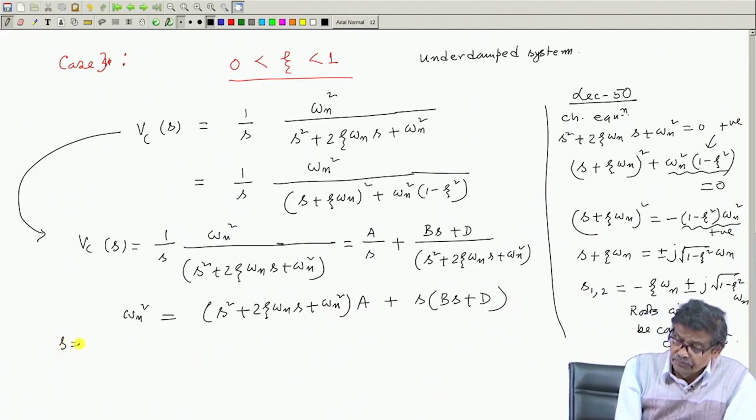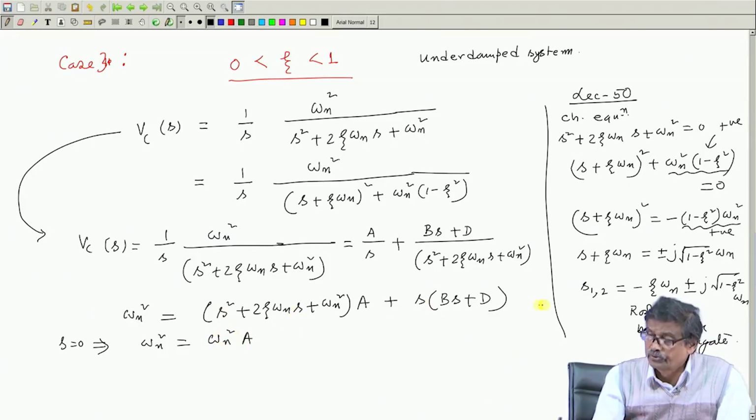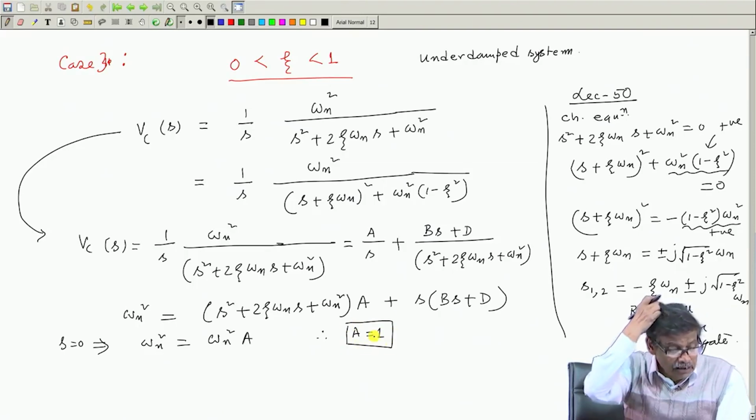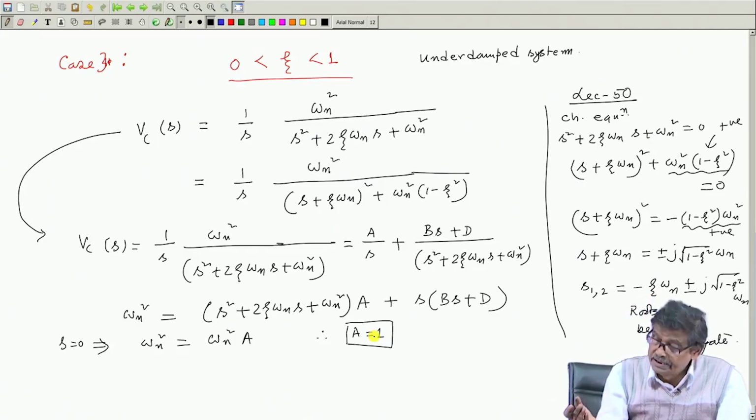S equal to 0 will give you omega n square equal to omega n square into A, and the other term will be 0. Therefore, A is equal to 1. Now, I have to get the values of B and D.